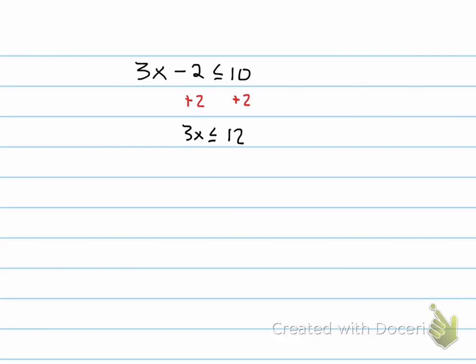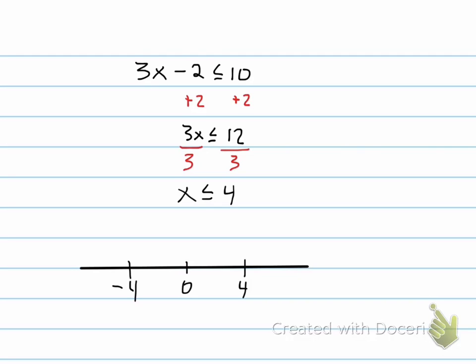So now I have to divide. So x is less than or equal to 4. So let's graph this. Zero, 4, negative 4. Alright, so less than or equal to 4.